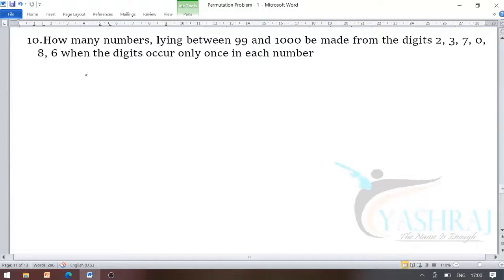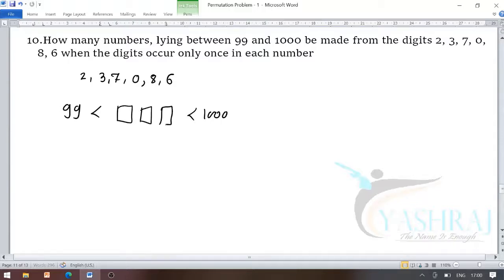So we have the digits here 2, 3, 7, 0, 8 and 6, with no digit repeated. The number which is greater than 99 and simultaneously less than 1000 should be a 3-digit number. We have the places ones, tens and hundreds.